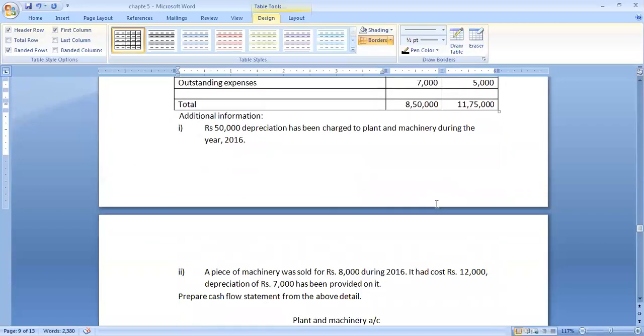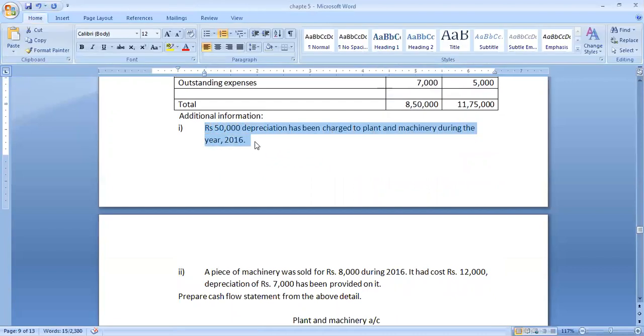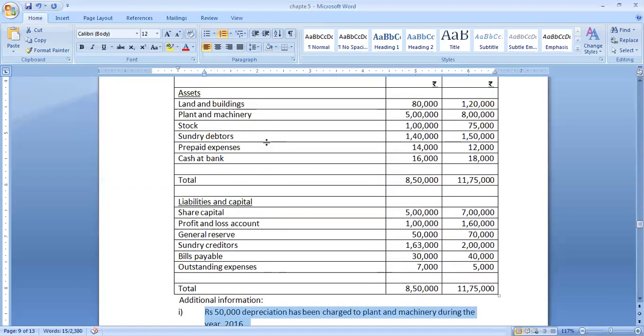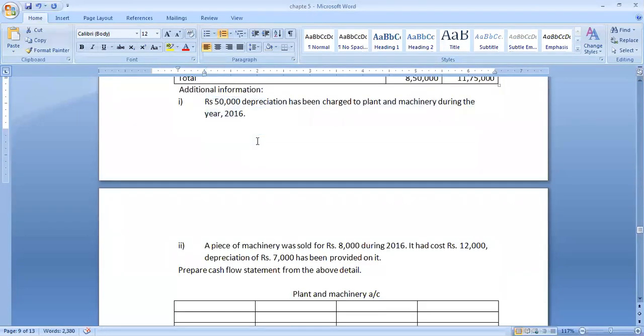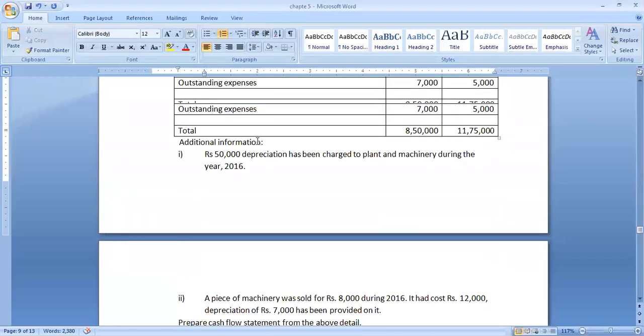Now for the additional information, which is very important: rupees 50,000 depreciation has been charged to plant and machinery during the year 2016. Depreciation is being charged for the year. So where do you take the depreciation?